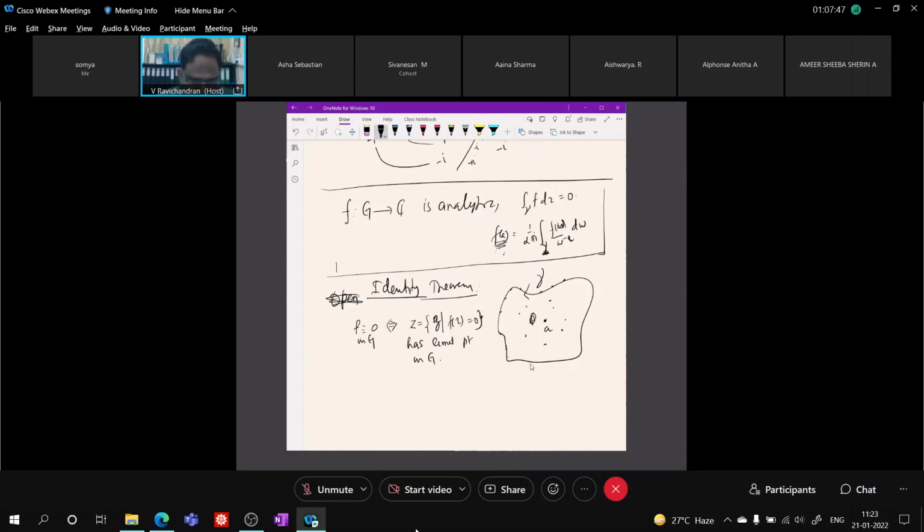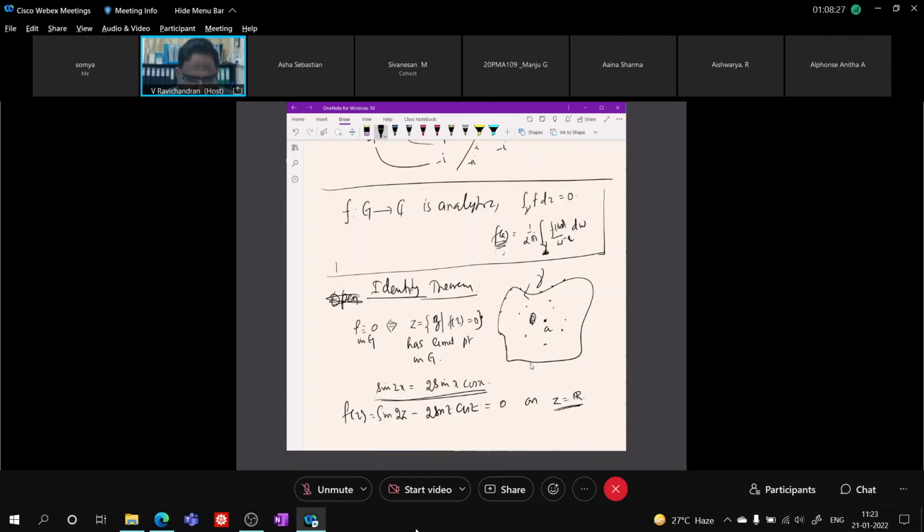What is the importance of this identity theorem? Because you can even prove many of the trigonometric identities in the complex case using the corresponding ones from the real case. This is what we know about real numbers. So if x is real, sine 2x is 2 sine x cos x. If you consider sine 2z minus 2 sine z cos z as your f of z, then this function is 0 on the real line.